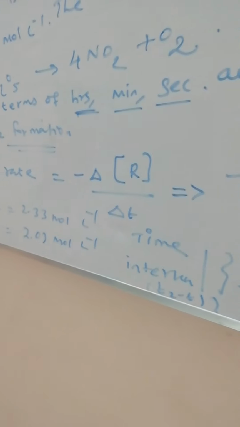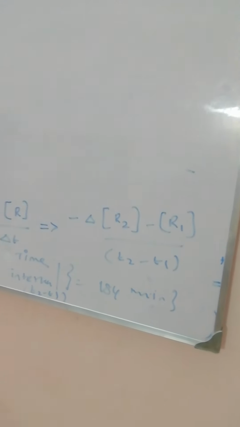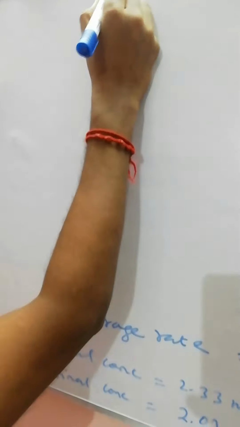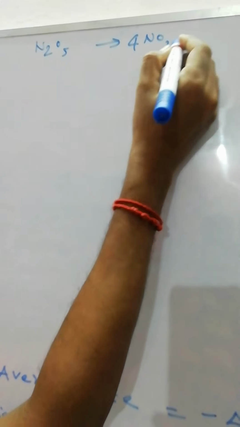Now we are going to find the average rate equation. We have to substitute the values here. The equation on the reactant side is 2N2O5 gives 4NO2 plus O2.